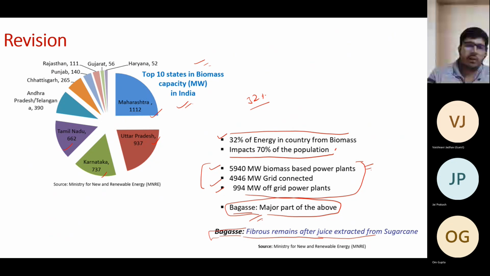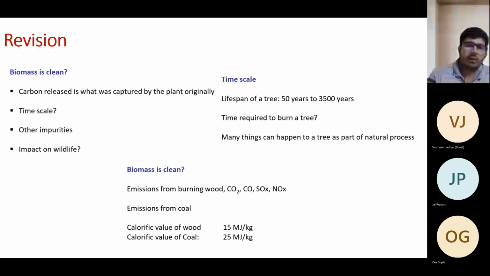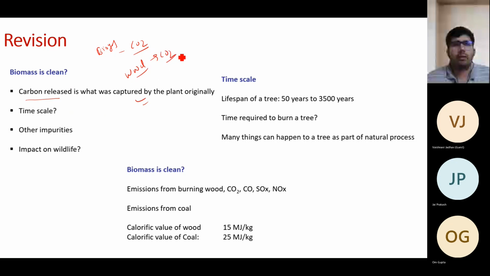Now come to the point, is biomass clean? So the carbon released is what was captured by the plant originally. That's why we are saying it is clean. Because if you are burning the biogas, then still you are releasing the CO2. If you are burning the wood, then again you are releasing the CO2 and other components also.